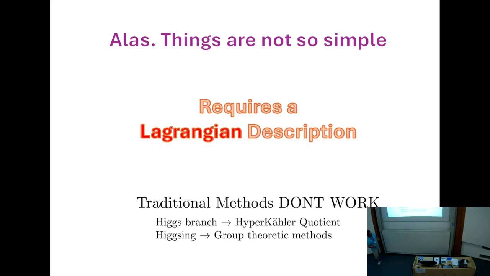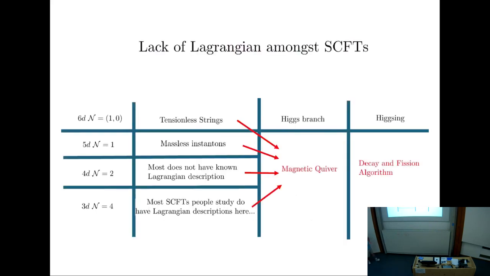The reason why everything works nicely here is because I have a beautiful Lagrangian description. I know what the gauge symmetry is, I know what the flavor symmetry is, but in general, for an SCFT, this is not true because I don't have a Lagrangian description. For example, let's take a 6D (1,0) theory.